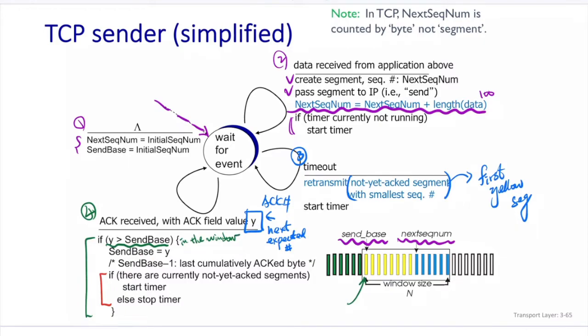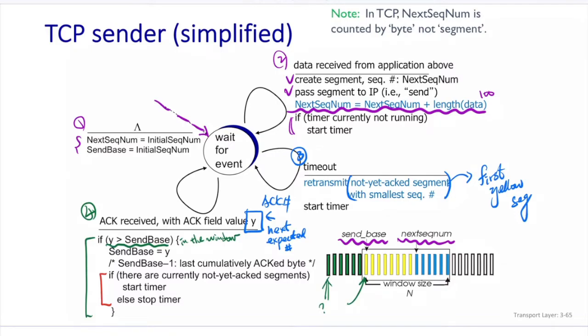Sometimes, as a sender, you might receive an ACK packet which is right here. That means it is a duplicate ACK, an old ACK.